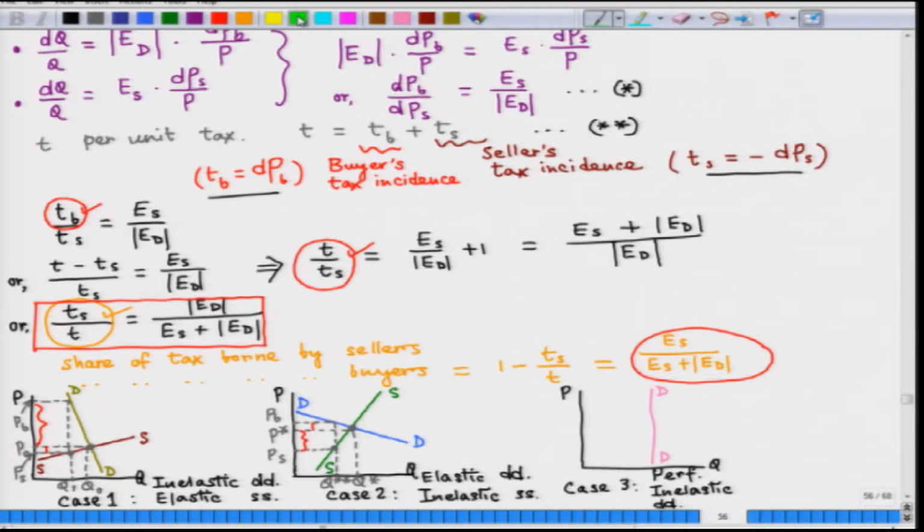So, here the treatment shall be through the supply curve. We need to shift the supply curve, and we know how it is going to change.